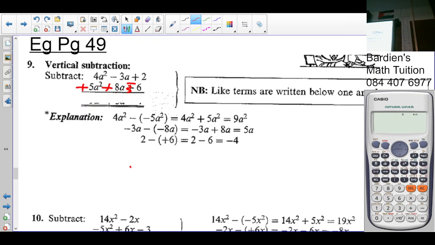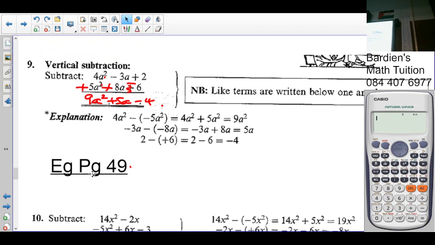So in other words, it's going to be 4a squared plus 5a squared. Can you see that? 9a squared. Minus 3a plus 8a. It's positive 5a. Can you see that? 2 minus 6 is negative 4. This is the same answer we confirmed earlier.